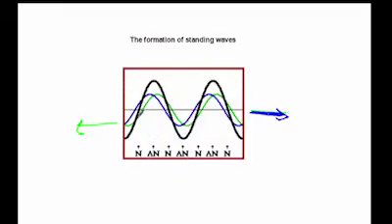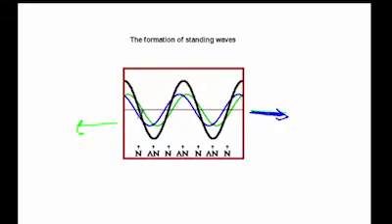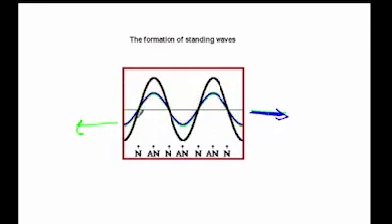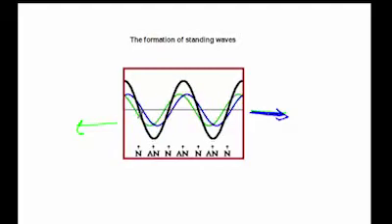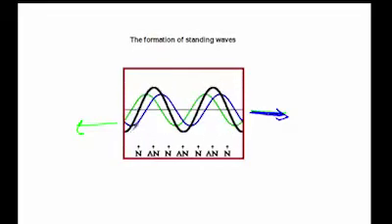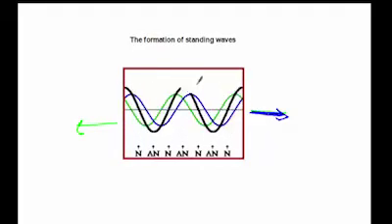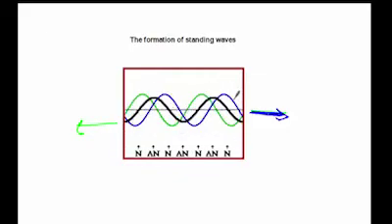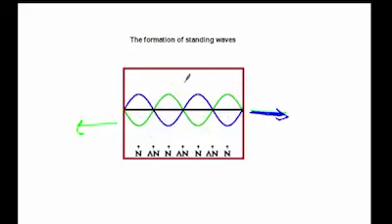The resultant wave as a superposition is the black colored wave. We call this black colored wave a standing wave.